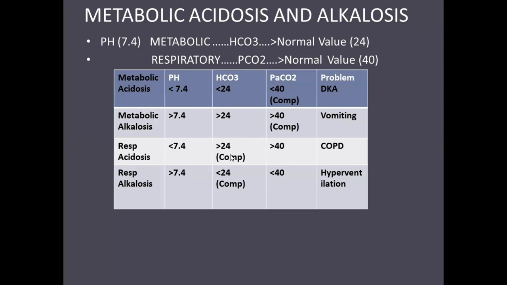So for respiratory acidosis, for example in COPD, in the compensatory response your body will try to reabsorb more and more bicarbonate, so the bicarbonate level is increased. In respiratory alkalosis, the pH is greater than 7.4, and again the pathology is that your partial pressure of carbon dioxide is less than 40, for example in hyperventilation. And in the compensatory response, your body will lose bicarbonate, and the bicarbonate value is low.